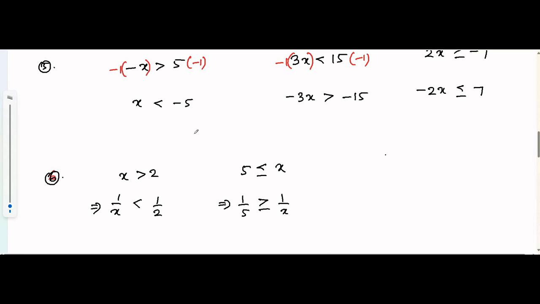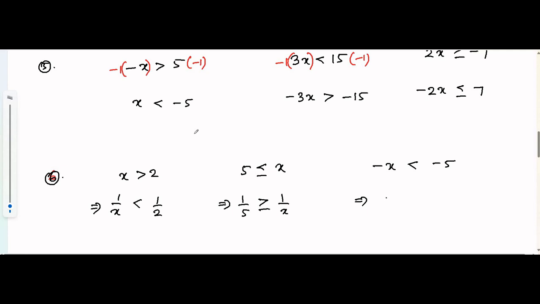Suppose we have minus x lesser than minus 5. Now we'll take the reciprocal. Both sides are negative sign. Pay attention here, in all of these cases, both sides are of the same sign. Positive, positive, negative, negative.